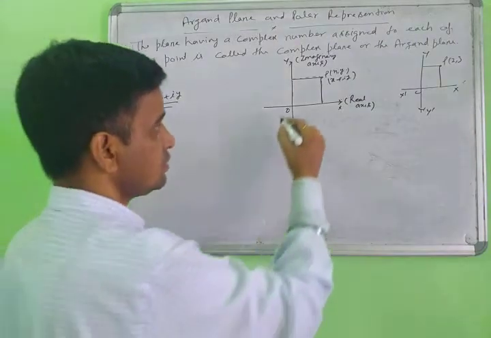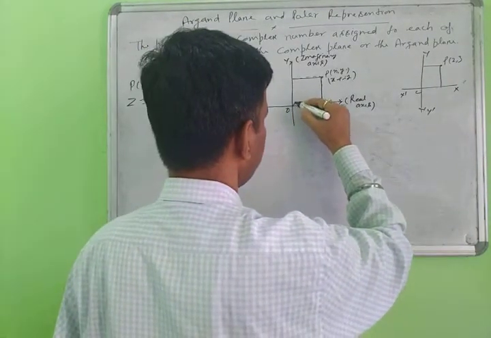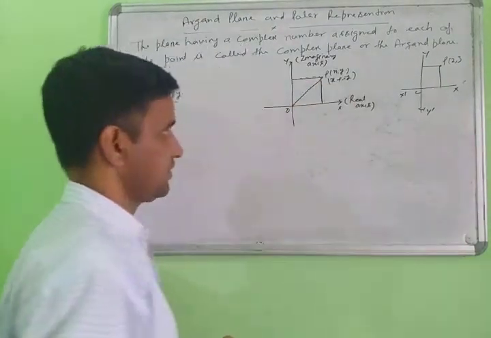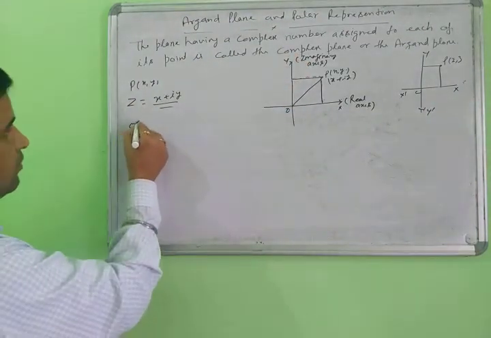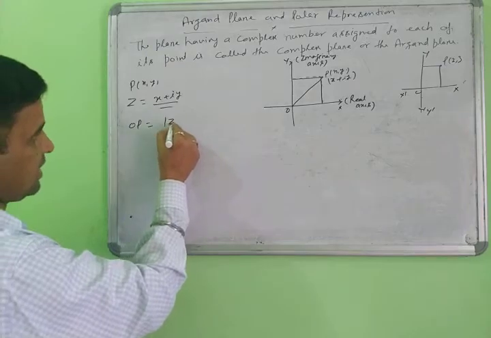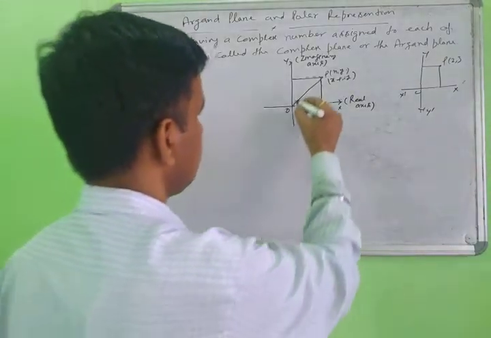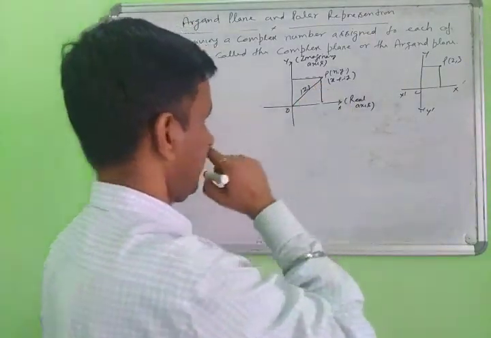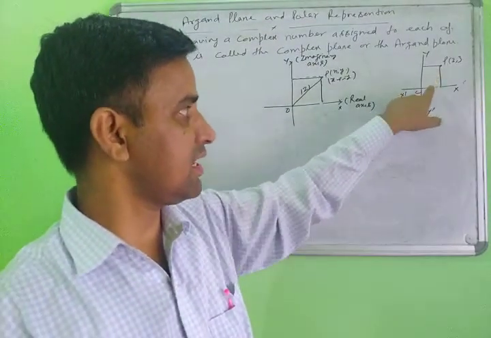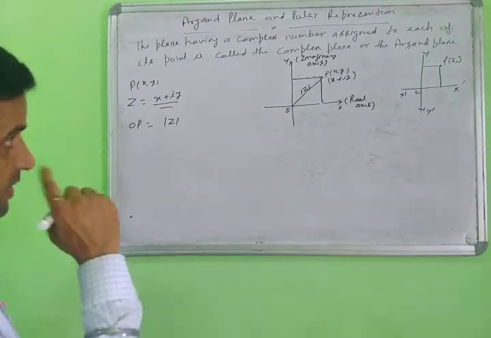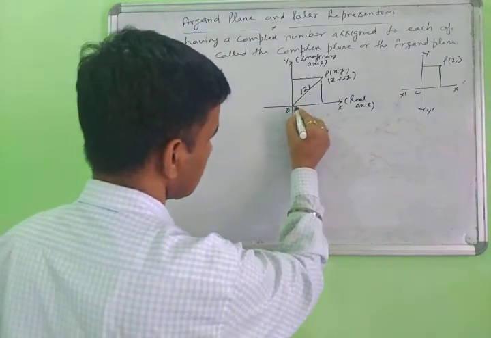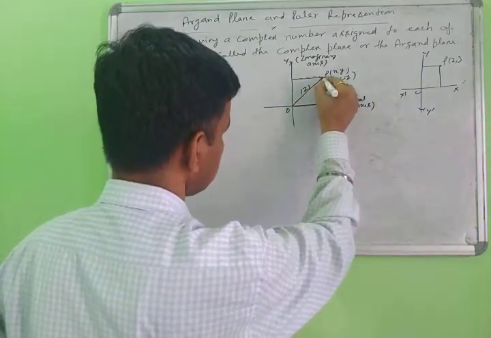You can draw a line from the origin to point P. How much is the length of OP? The length of OP is equal to mod z. Here we don't represent just any line, but the mod z line. This part is called the real part and this part is called the imaginary part.